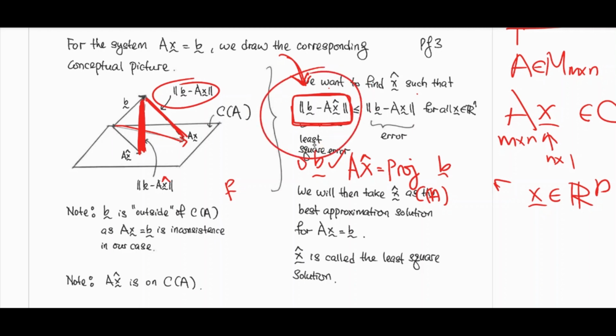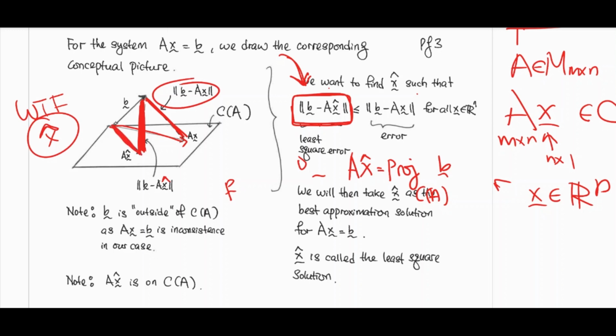Okay, so what do we want to do now? Well, we want to find x hat, because we know that once we found x hat, it will give us the best fit solution, because the ax hat is right here.